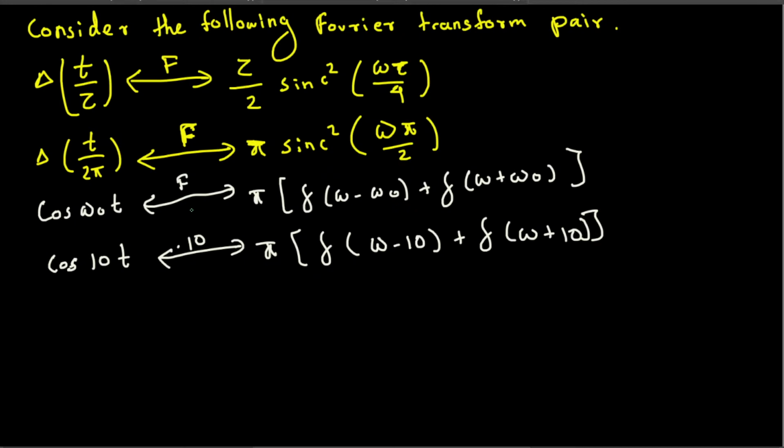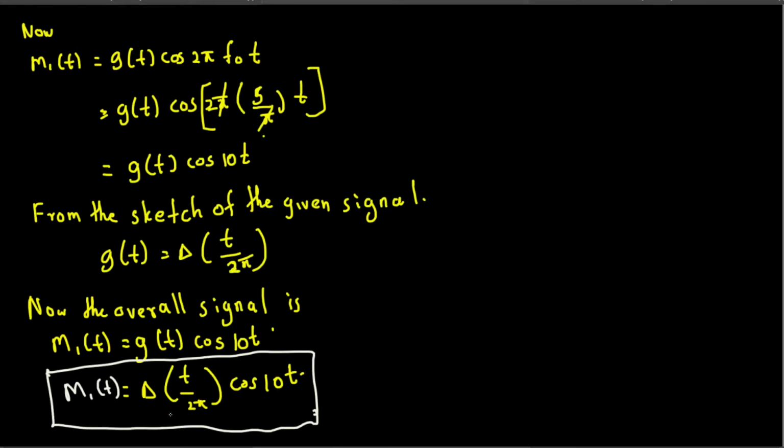Now we have these two, and we have to use one more property, for when we multiply two functions. We have taken the Fourier transform of this, and we have taken the Fourier transform of this.